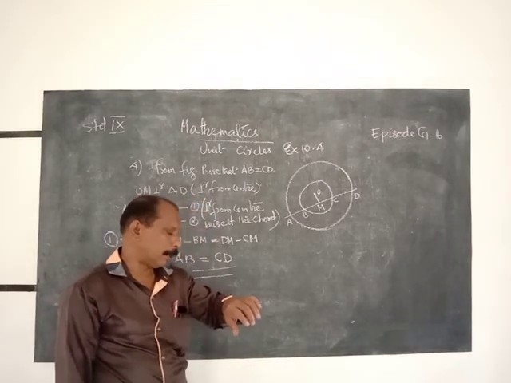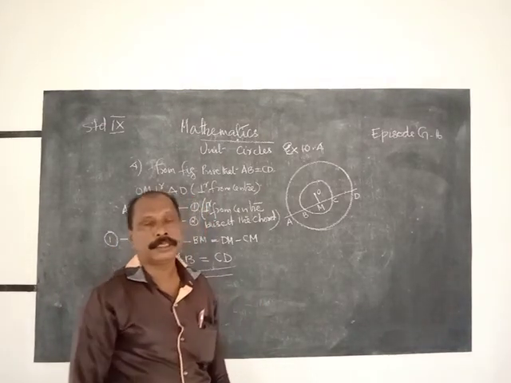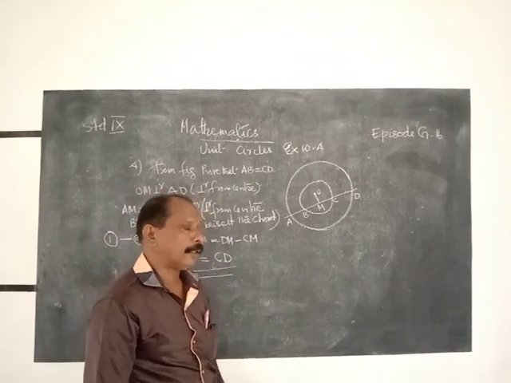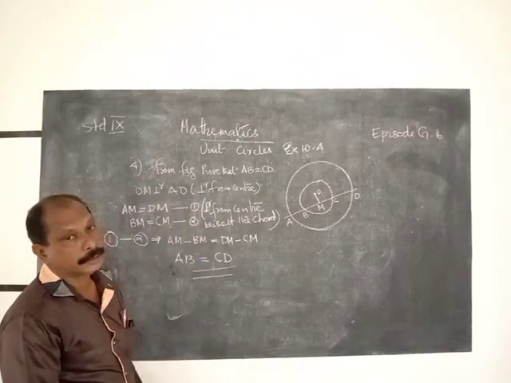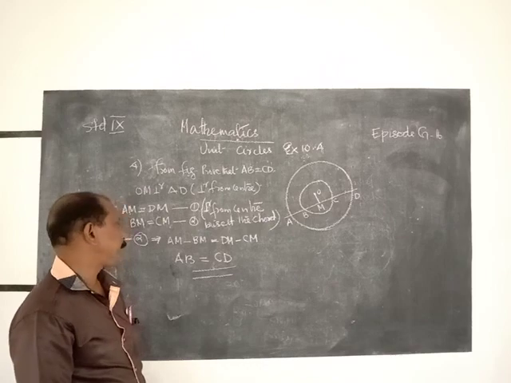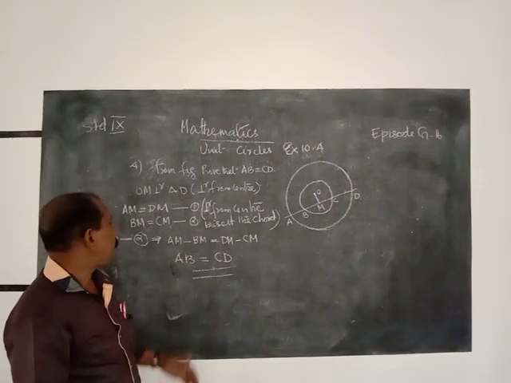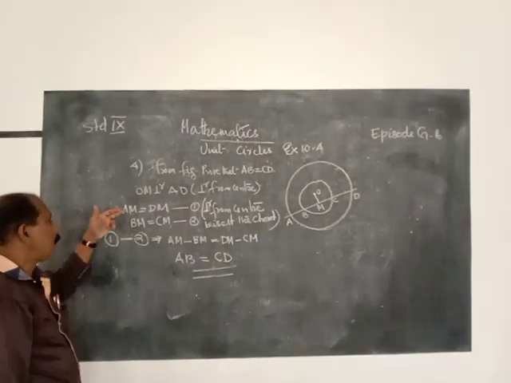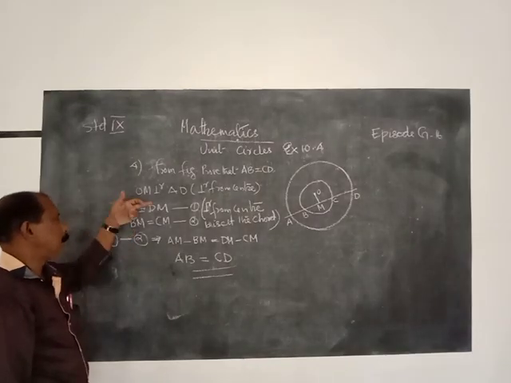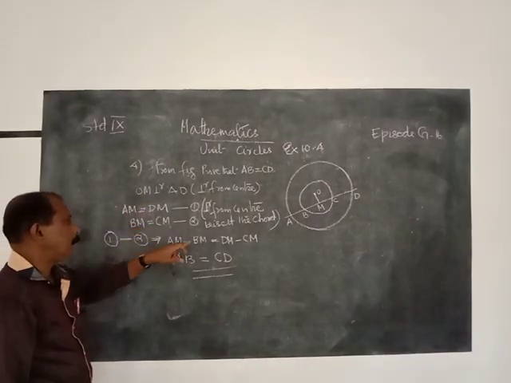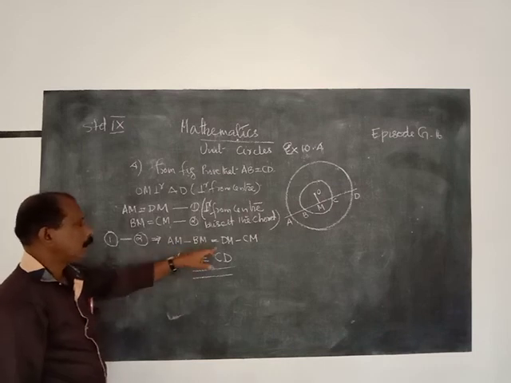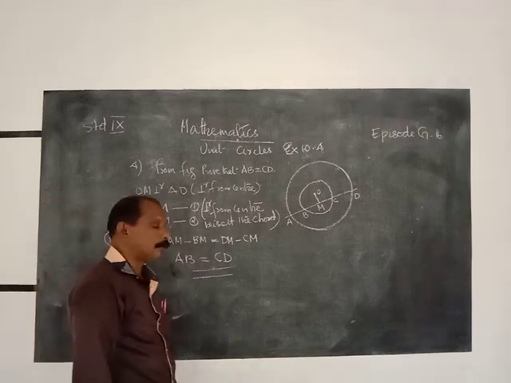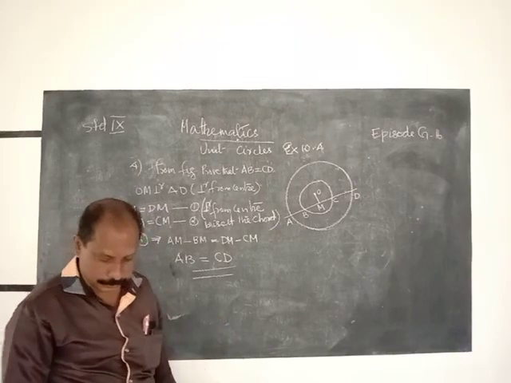BM is equal to CM, case number 2. What is the reason? The perpendicular from the center to a chord bisects that chord. From 1 and 2, subtracting 2 from 1 gives AM minus BM is equal to DM minus CM. That is AB is equal to CD. That is the answer.